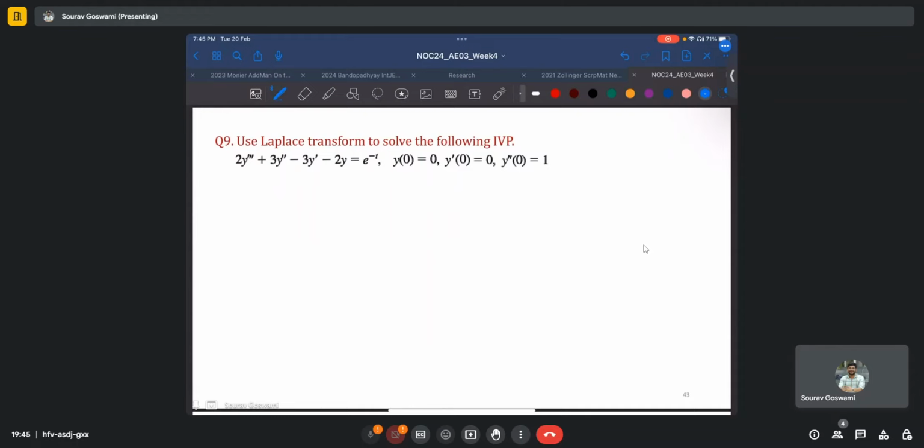So we have 2y triple prime plus 3y double prime minus 3y prime minus 2y equals e power minus t, and we have the value of y at 0 is 0, y prime at 0 is 0, and y double prime at 0 is 1. We transform both sides of the equation.